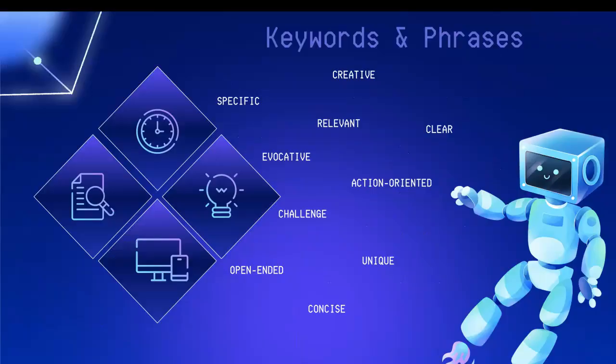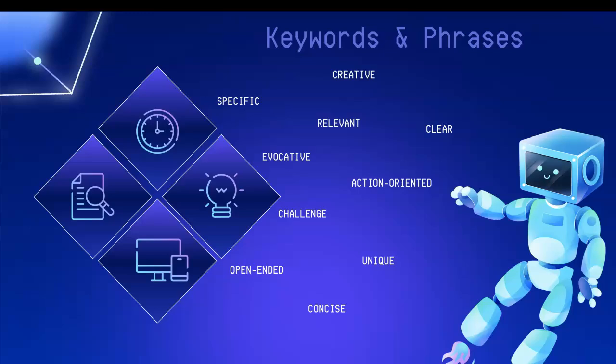So looking at some keywords that we want to use here, some tips are: make sure what you have written is clear, is specific, you're creative, thinking outside the box, and that the prompt information is relevant.